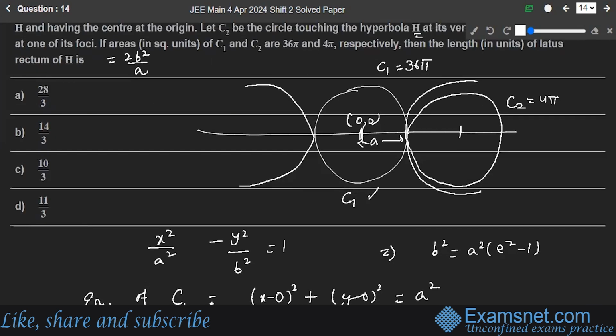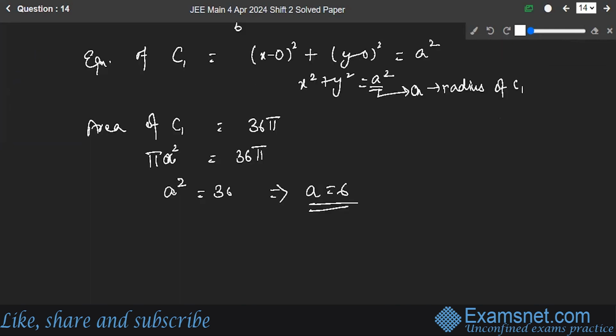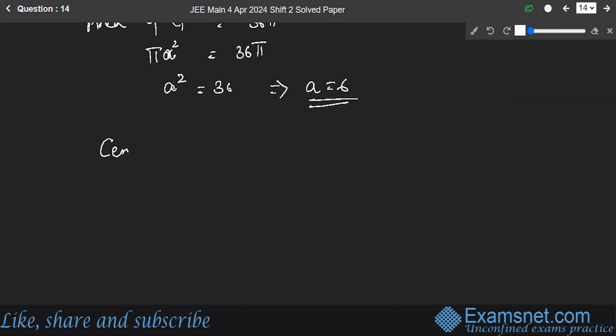Now let's go on. This is your (ae, 0). It's given in the question that C2 is touching at the vertex and the center is at one of the foci of the hyperbola. So the center of C2 is (ae, 0).